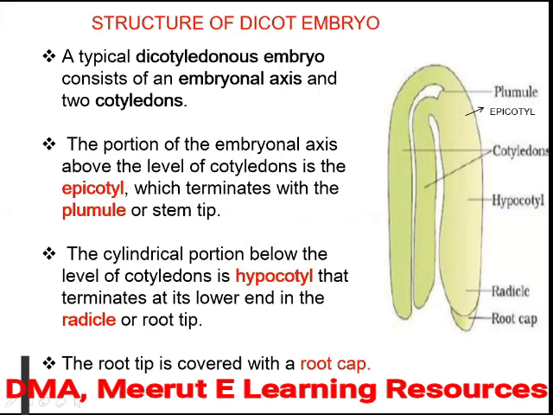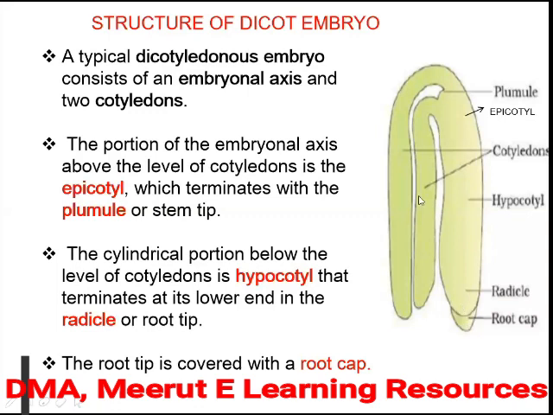Now say this is the cotyledonary node. The portion of the embryo above the cotyledonary node is called the epicotyl, which ends with the plumule. Got it? And the portion of the embryo below the cotyledonary node is called the hypocotyl, and it ends with the radicle and root cap.